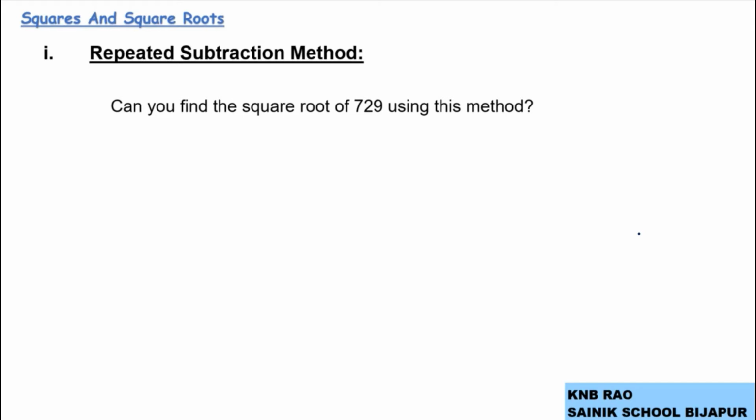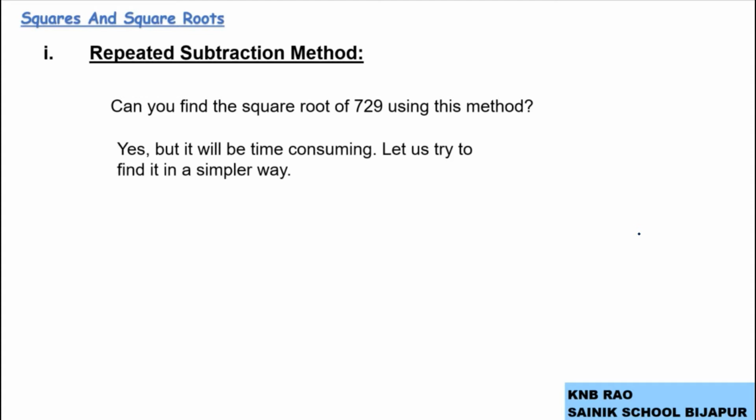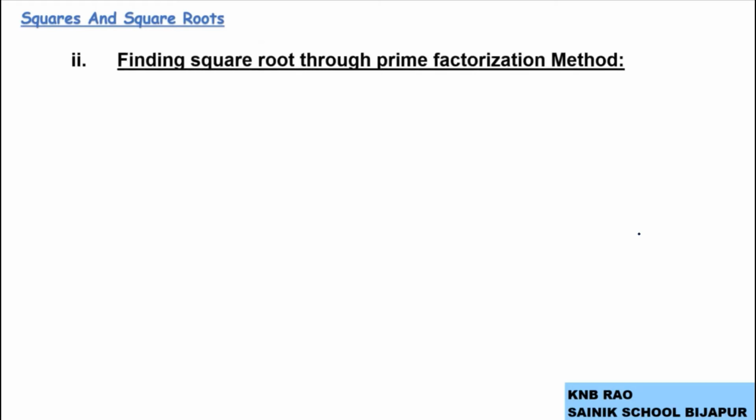Now, do we have any simpler way? Yes, we have a simpler way, that is prime factorization method. By the end of this session we will be learning how to find the square root of such big numbers using prime factorization method. So we shall now learn finding square root of a number through prime factorization method.